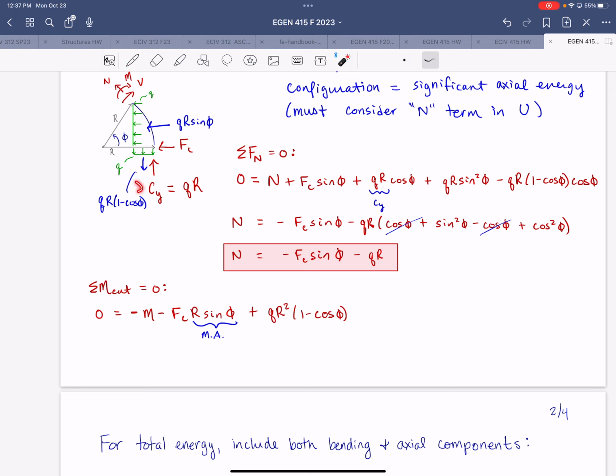So that's your, let's see, QR times 1 minus cosine phi is the resultant force, and then the moment arm is going to be, let's see.